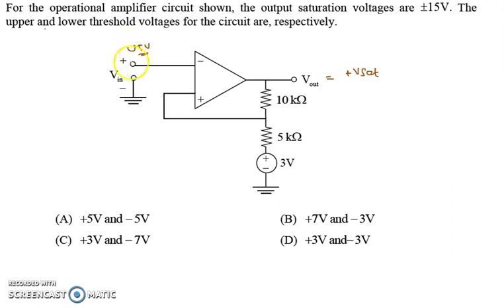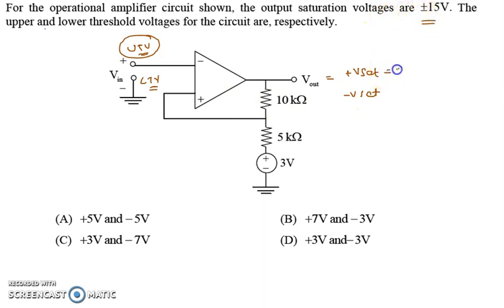If the input voltage is the lower triggering voltage, then V0 becomes equal to minus Vsat. So for the upper triggering voltage, the output becomes plus Vsat, and for the lower triggering voltage, the output becomes minus Vsat.